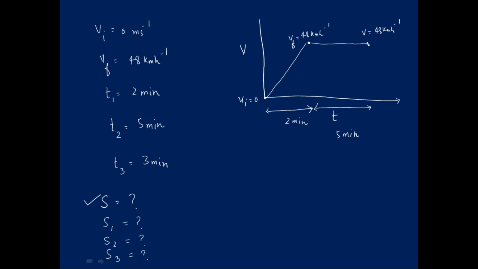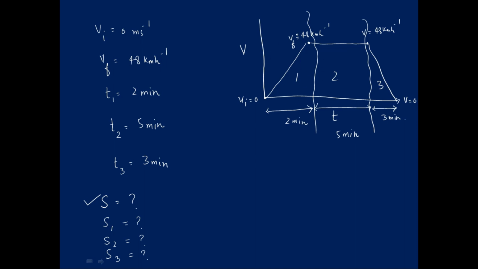Then the train stops with uniform retardation, and finally its velocity becomes 0, and it took a further 3 minutes in doing this. So we have to solve our problem in 3 parts. These are our 3 zones of problem solving: 1, 2, and 3.